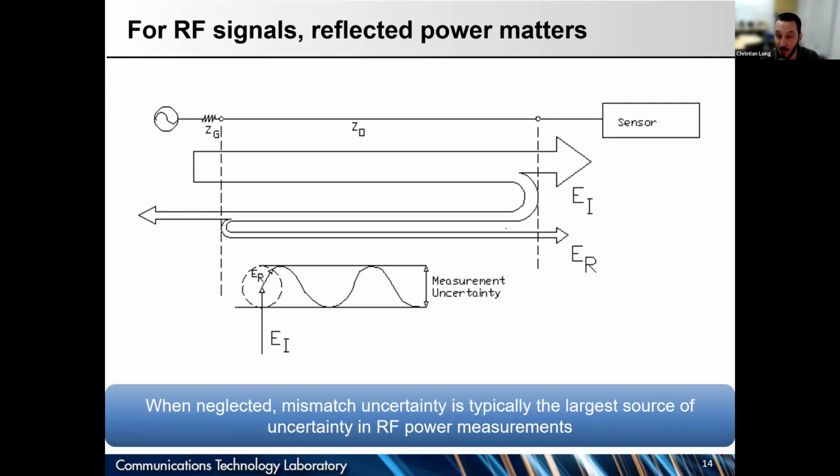So the incident power that the sensor sees might include some multiple reflections.